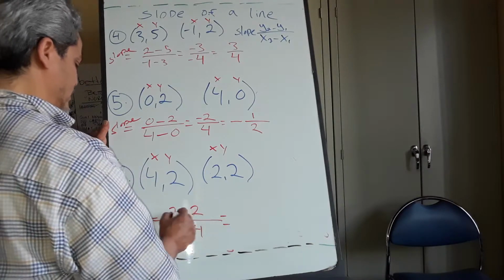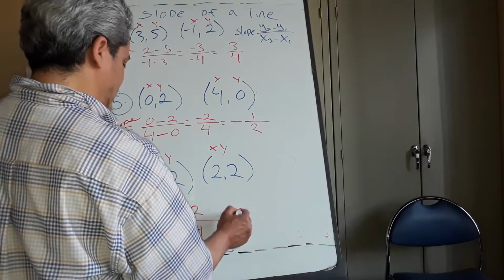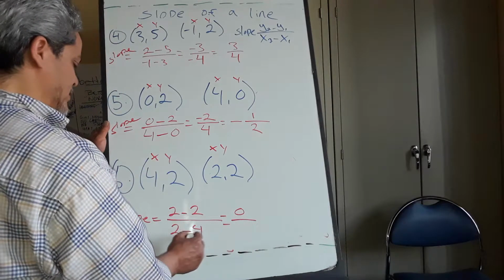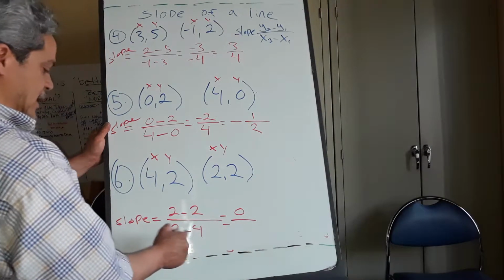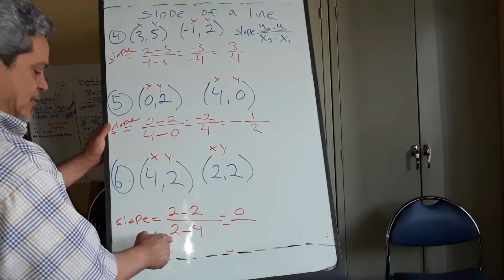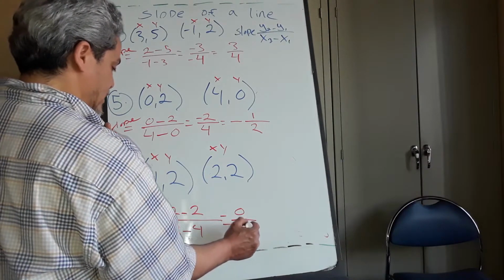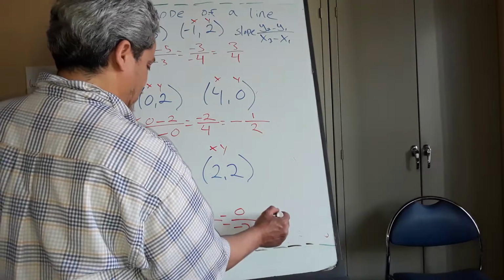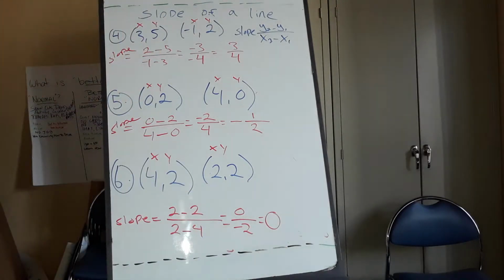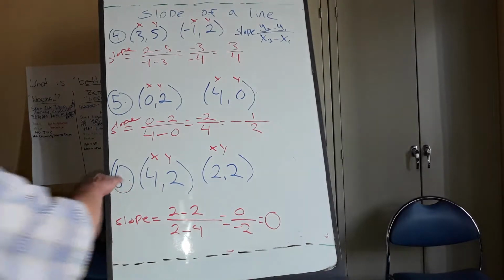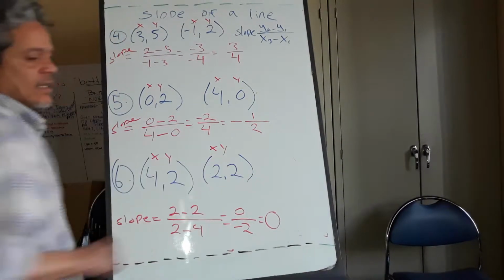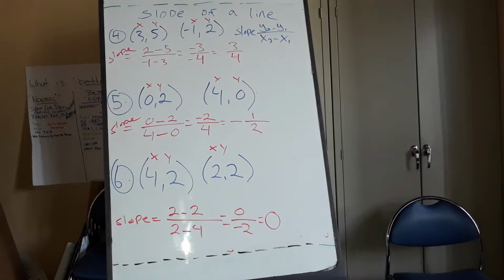You know this is going to be 0. 2 minus 2 is 0. So you already know where this is going. A positive and a negative, you subtract and keep the sign of the larger number. So that is going to be 0. It's a slope of 0. That means this line is a straight line right across.